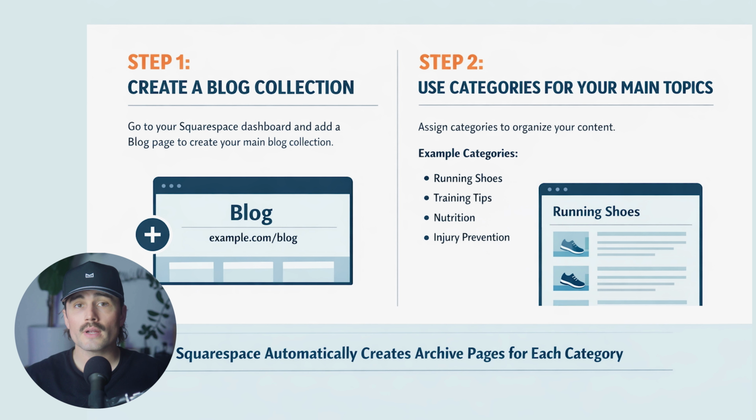For example, if you create a category called running shoes, Squarespace automatically generates a page that lists every article assigned to that category. This archive page essentially becomes the hub page for that topic. So instead of creating manual category pages, you simply assign categories and let Squarespace generate the archive automatically. This keeps your structure clean and easy to manage.